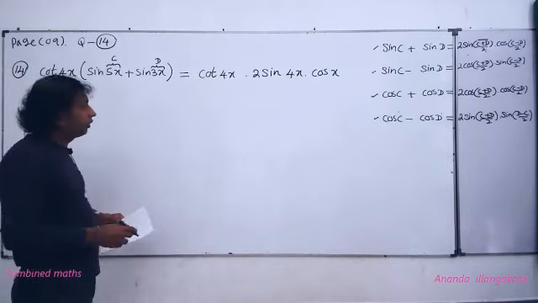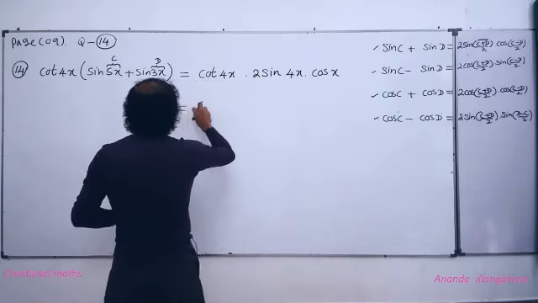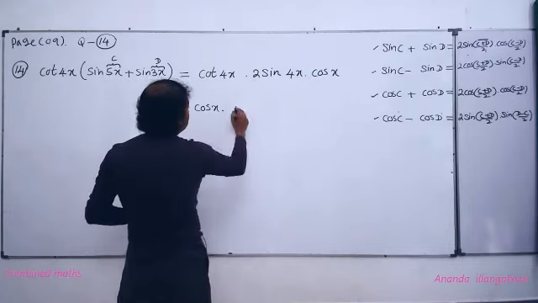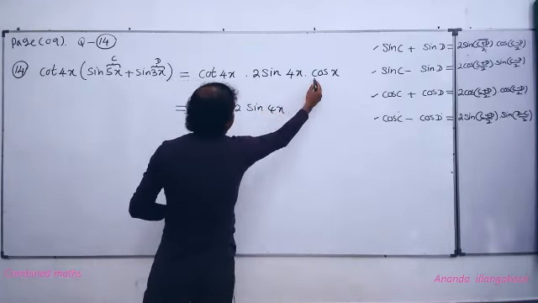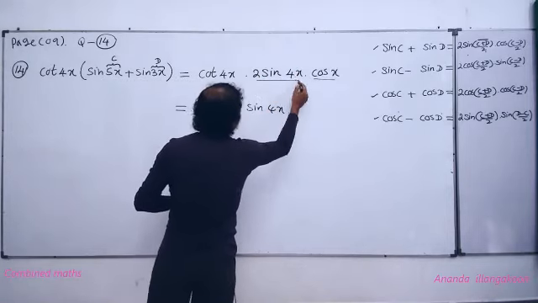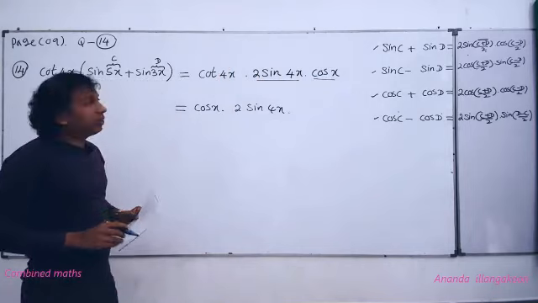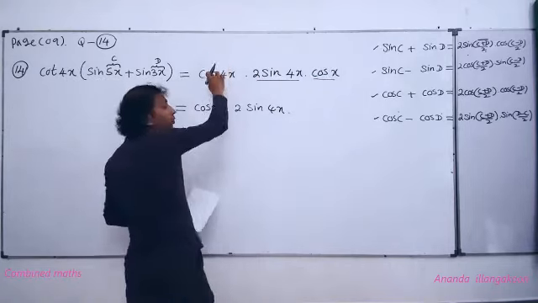Now, people, this is what I do. This cos x I write at the beginning like this, and this 2 sin 4x I write next. Now cot 4x I am going to write next. But you know cot means what, people?